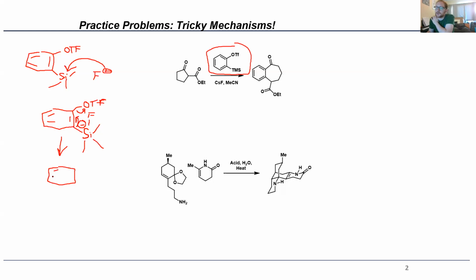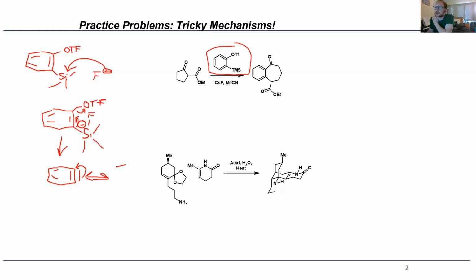What is really important to remember about benzyne is that we can draw it in a couple of resonance forms. Not only can we think about benzyne in this classical resonance form here, but we can also think about it in a charge separated form.